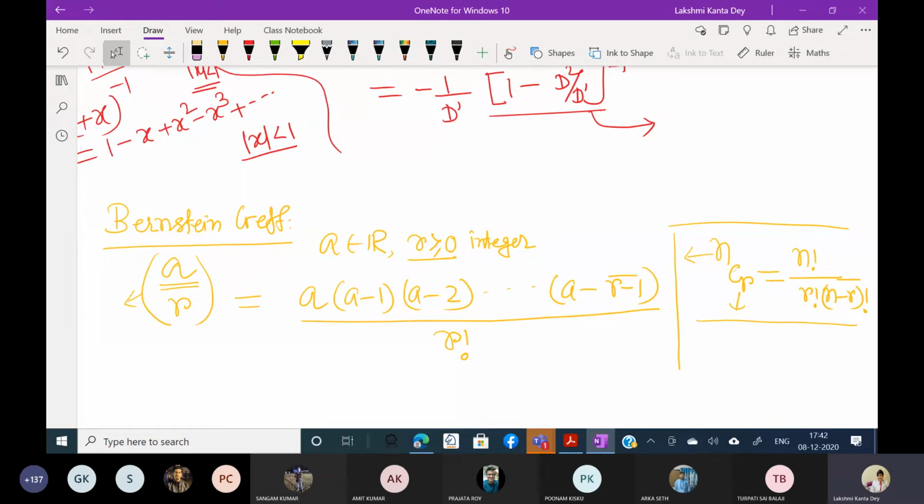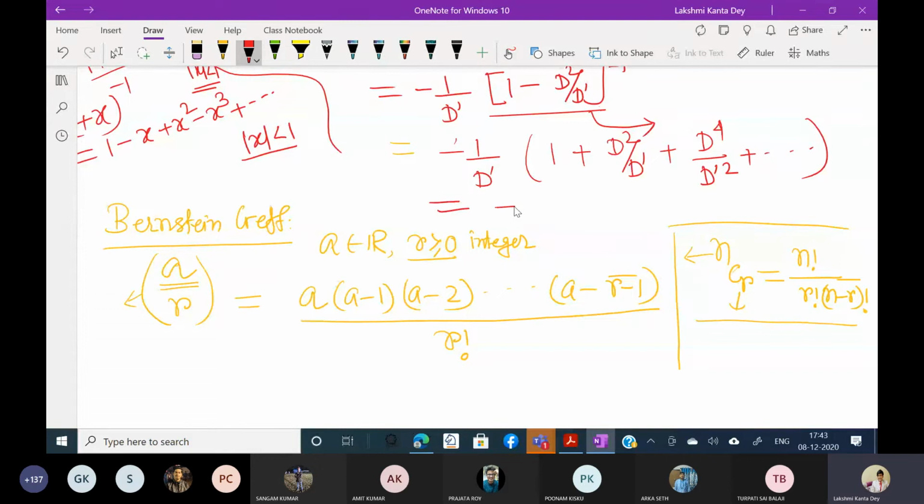Next, I will be back to here. So I have to write 1 by d dash, 1 minus d square by d dash plus d to the power 4 by d dash square, and in this way it goes on.